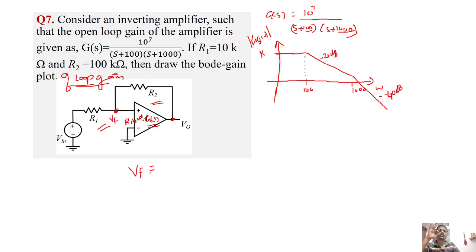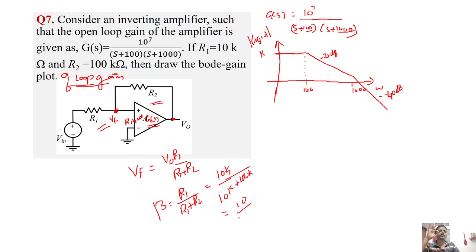So feedback due to output is V naught into R1 by R1 plus R2. So what is the feedback gain here? Beta equal to R1 by R1 plus R2. Okay, so R1 is 10K by 10K plus 100.